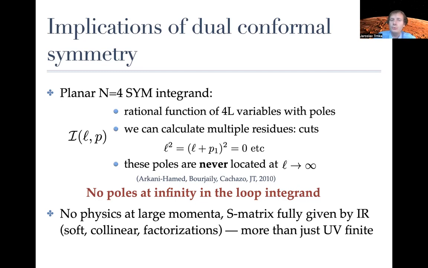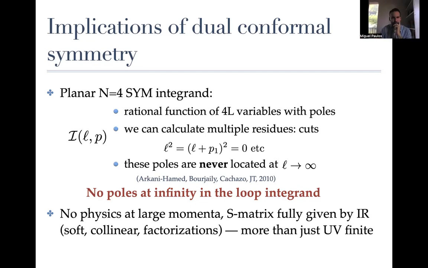Sorry, just a quick question. Is this just the same as the integral not having a UV divergence, or is it stronger? It is a little more than that. If it has a pole at infinity, it may still not have a UV divergence. There are integrals which are finite, like the triangle integral at one loop, which has poles at infinity.